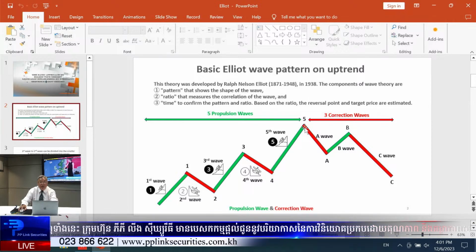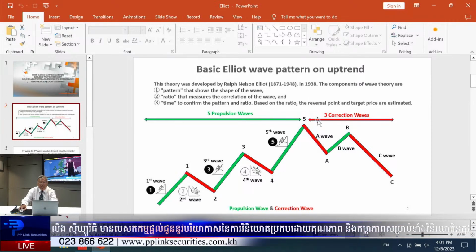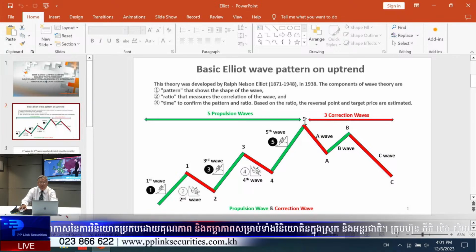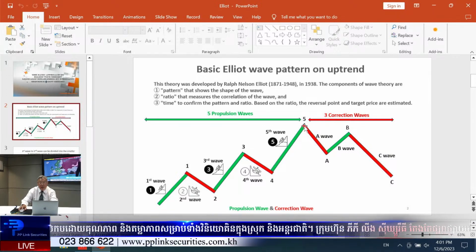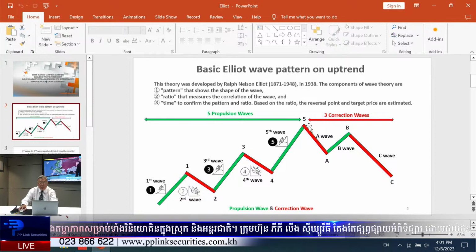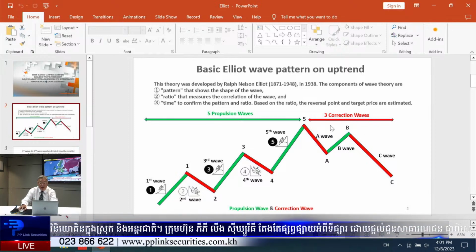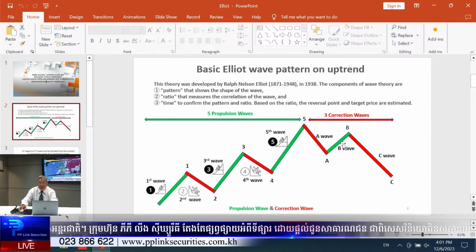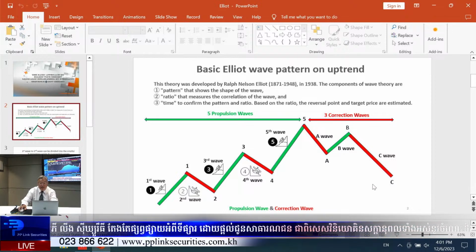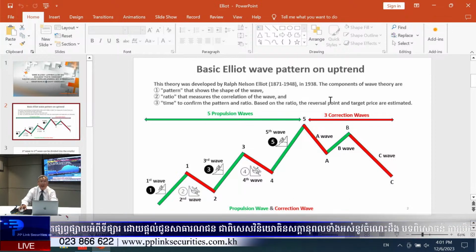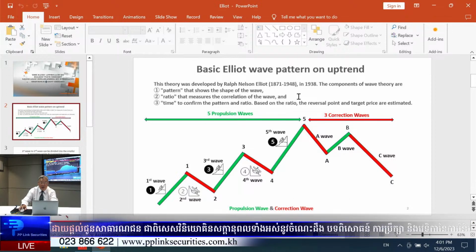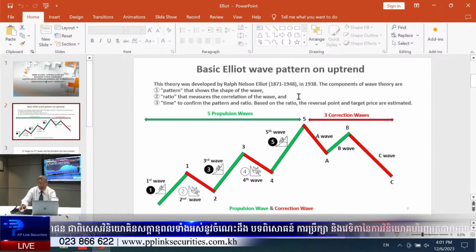And after we reach the peak of the specific market, usually the market will do the adjustment. This is called correction waves, A wave and B wave and C wave. And this is one of the cycles, a typical cycle during the uptrend market, okay?